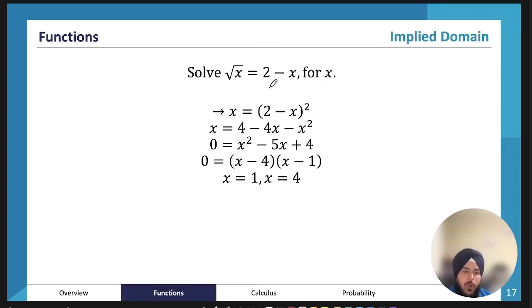The first step when solving this is usually to square both sides, because that way we can eliminate the square root, as shown in the first step. Then we can expand the expression on the right to give us x equals 4 minus 4x plus x squared. This is just a normal quadratic equation. We can move the x to the right-hand side, factorize, and then using the null factor law, we can solve.